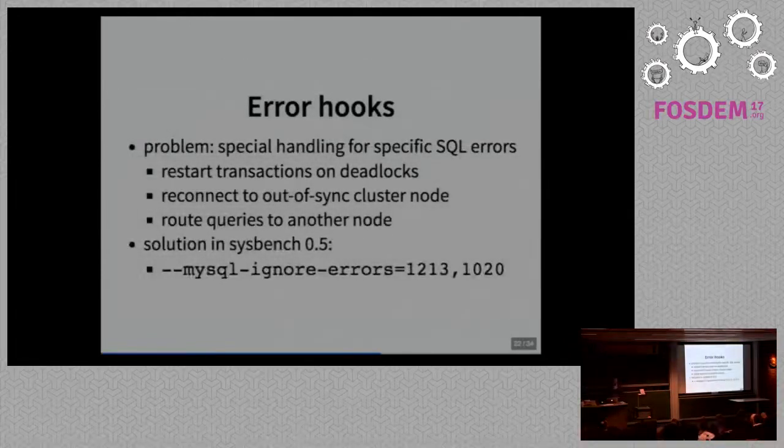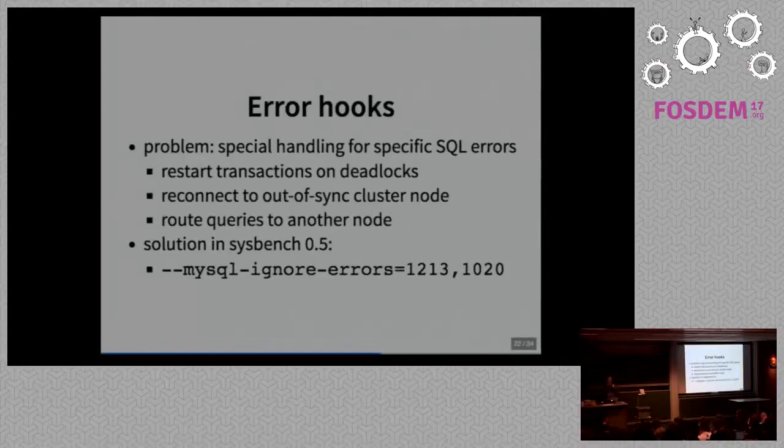Error hooks. One problem with previous sysbench versions was that sometimes you need to provide special handling for certain SQL errors. For example, if you're benchmarking a cluster, a Galera cluster or a group replication cluster, then you need special handling for situations when a cluster node becomes out of sync.